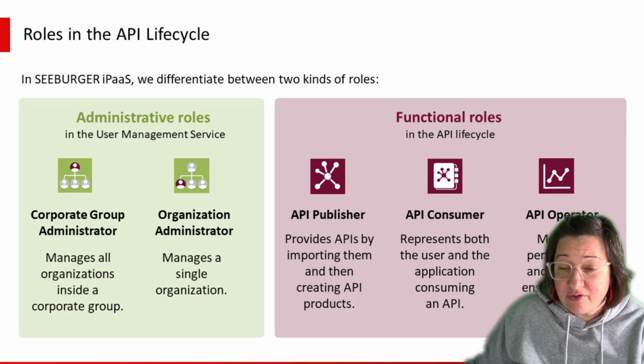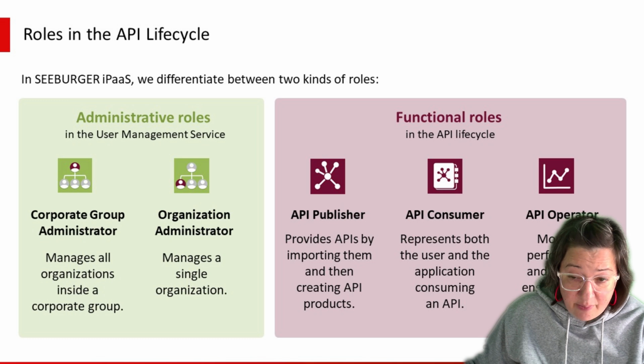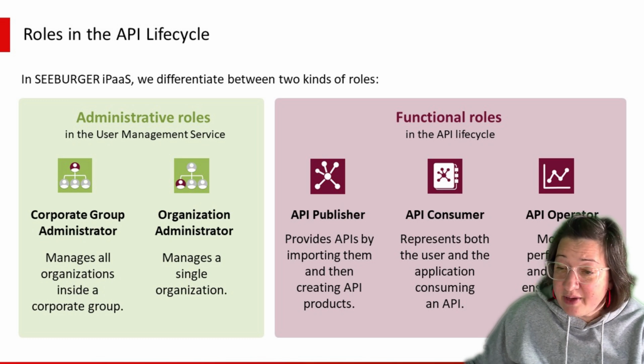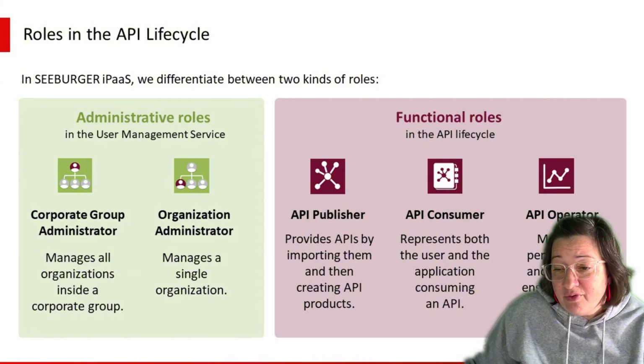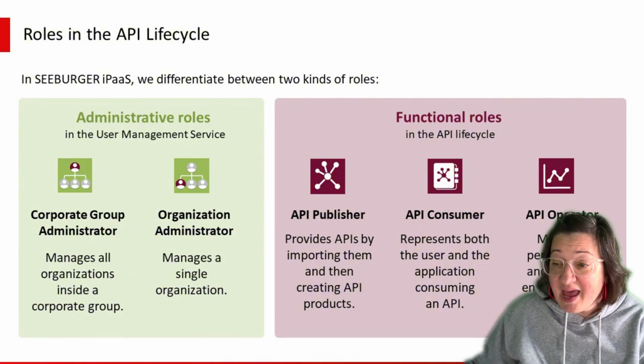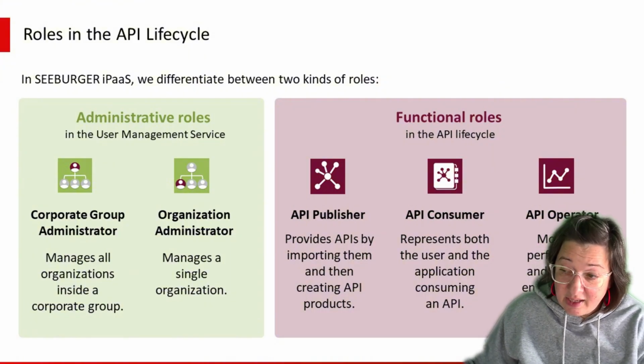The functional roles are the API publisher, who provides APIs by importing them and then creating API products. The API consumer, who represents both the user and the application consuming an API.